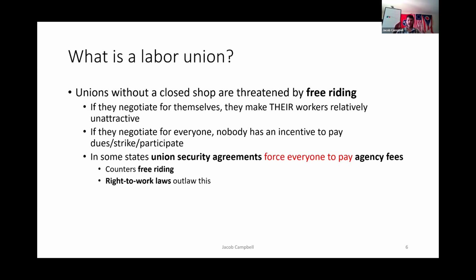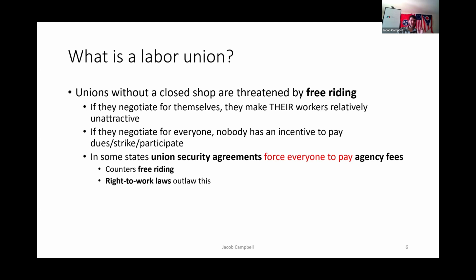And you sure as hell aren't going to pay dues into that strike fund if somebody else is going to do it for you. And so it's very difficult for a labor union to be effective if it doesn't have the force of the state or the force of, again, their fists or the force of a contract backing them up.